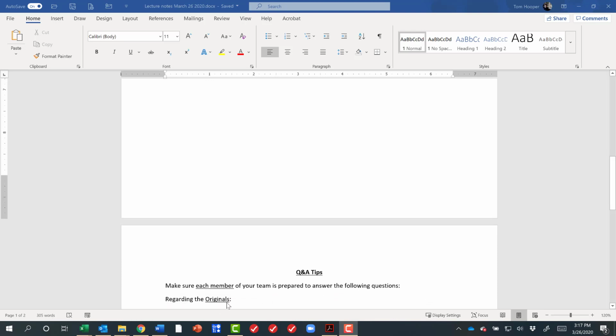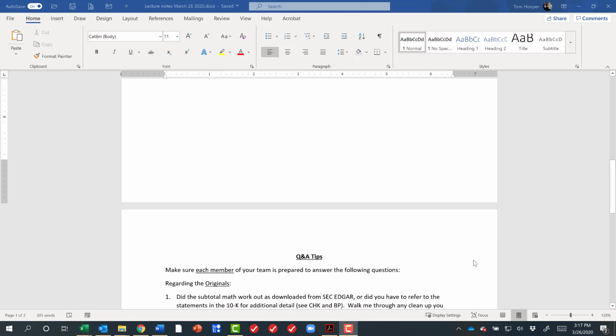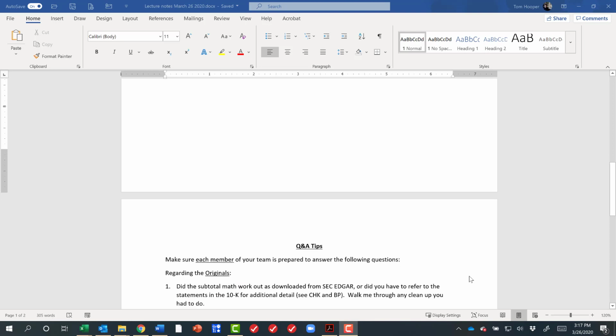So regarding the original statements, and these are the ones that you compile directly from SEC Edgar, one thing I learned going through the individual teams is that sometimes the subtotal on those didn't work out to the lines above it. And I'm going to show you an example here.